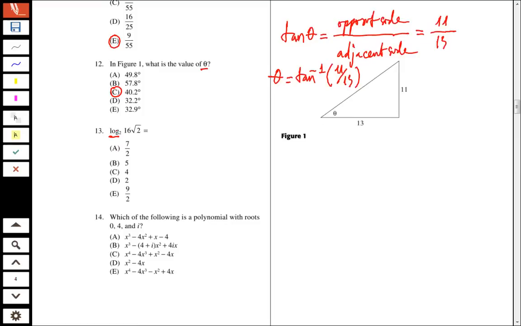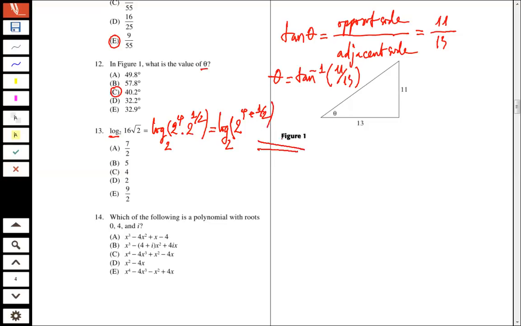Log base 2 of 16 times square root of 2 equals log base 2 of 16. We write as 2 raised to the power 4 times 2 raised to the power 1/2, equal log base 2 of 2 raised to the power of the sum of 4 and 1/2.